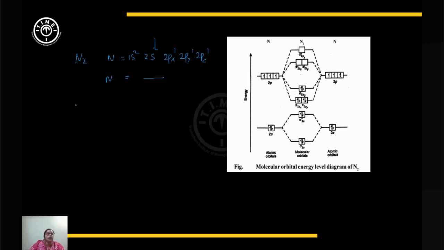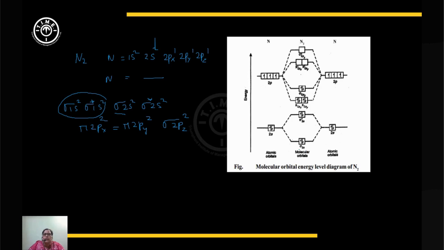When you write the N2 molecule, the electronic configuration is sigma 1s2, sigma star 1s2, sigma 2s2, sigma star 2s2, pi 2px equal to pi 2py, here we got 8 electrons, 2 plus 2, 4, 12 electrons, and sigma 2pz2, so 14 electrons.